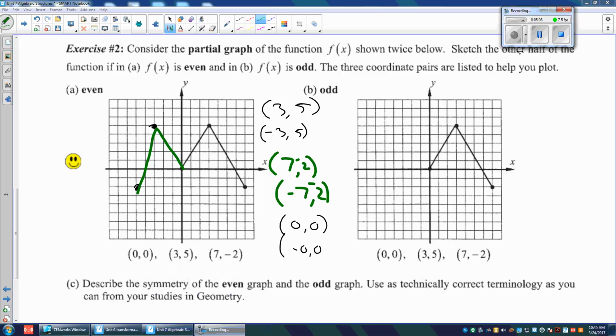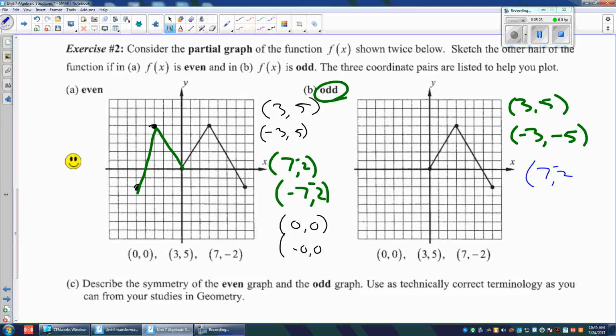Now here with an odd function, taking a look at it, 3, 5 has to give opposite inputs, gives an opposite output. 7, negative 2, opposite input, gives an opposite output. 0, 0, opposite input, gives an opposite output.